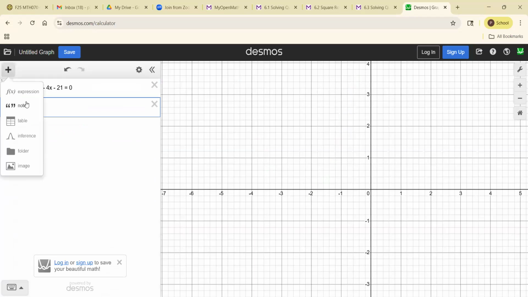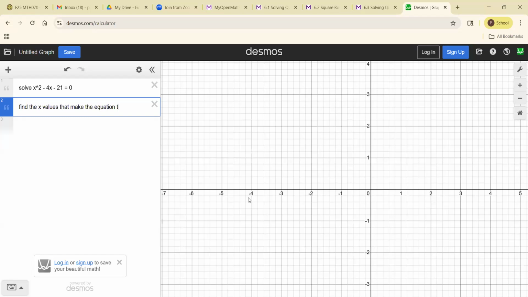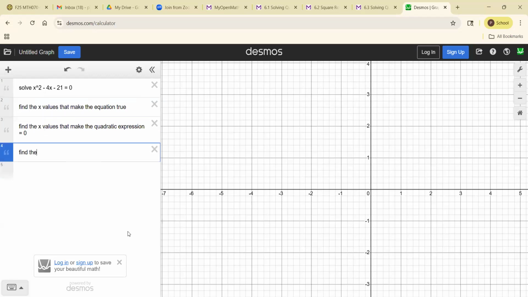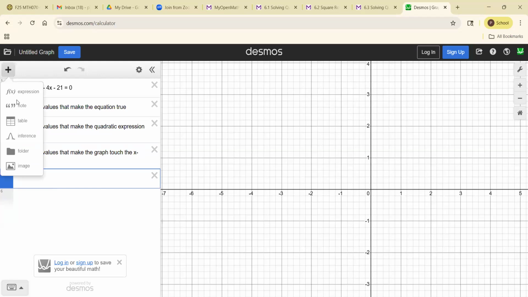All right, so I want to find the x values that make the equation true, which is finding the x values that make the quadratic expression equal 0, which is finding the x values that make the graph touch the x-axis, which is find the x-intercepts.